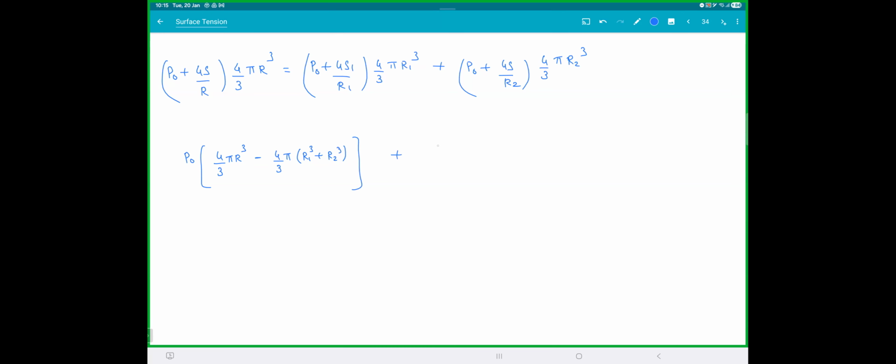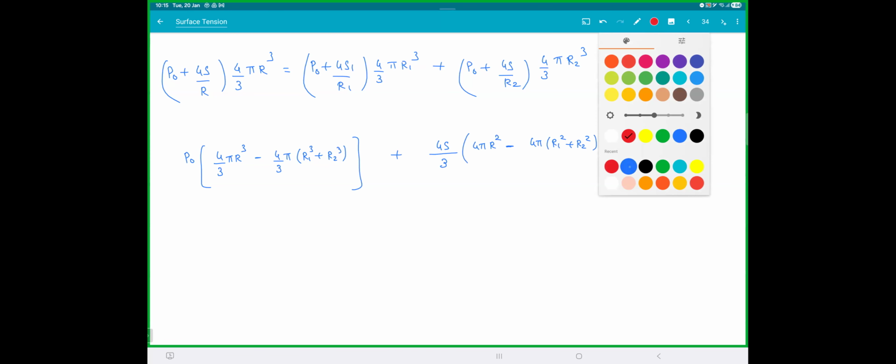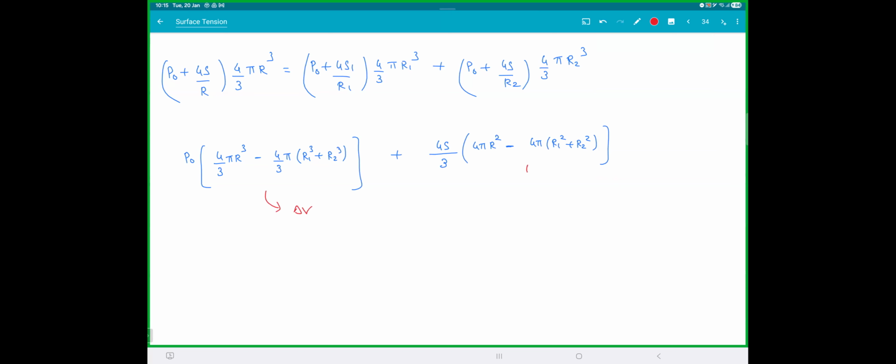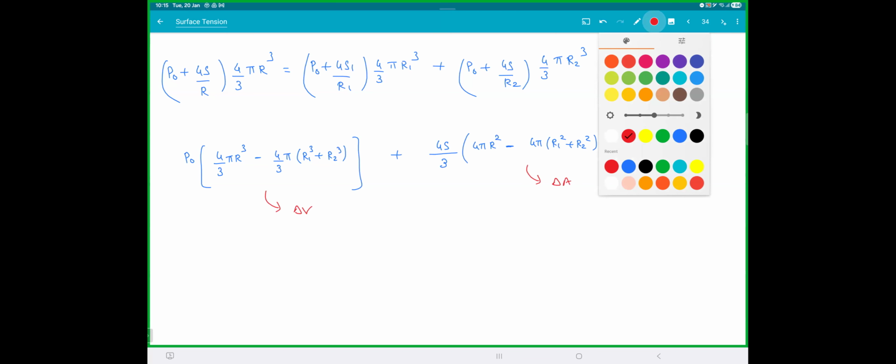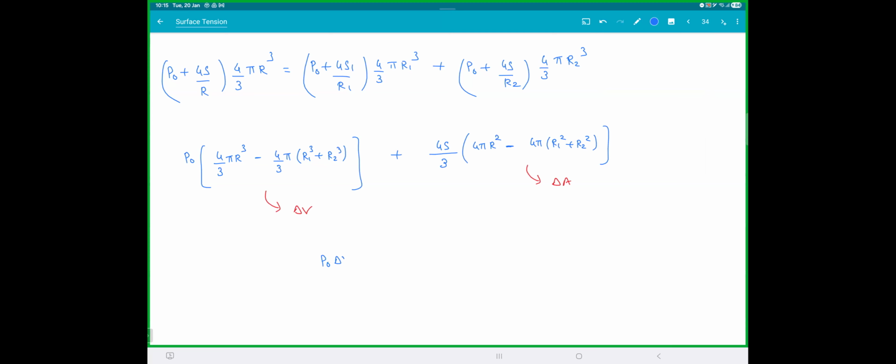Bring it this side. This guy will become 4S by 3 times 4 pi R square minus 4 pi R1 square plus R2 square. There, you're done, right? So this whole term inside is the change in volume. This whole term inside is the change in area. So P naught delta V plus 4S by 3 delta A is 0. 3P naught delta V plus 4S delta A is equal to 0. That's the relation between them.